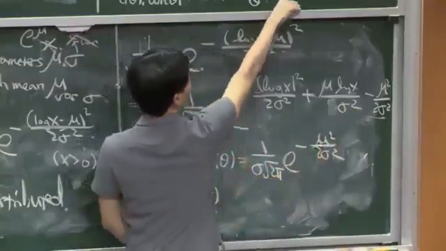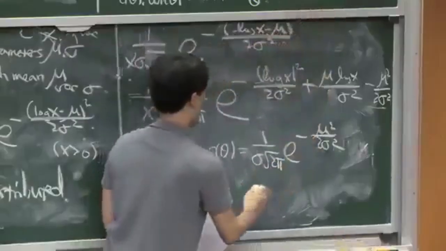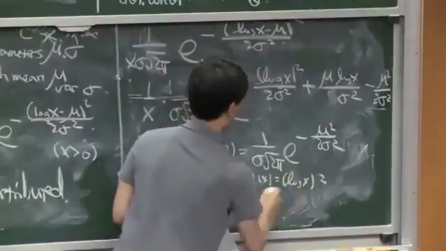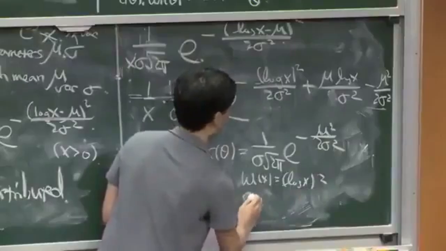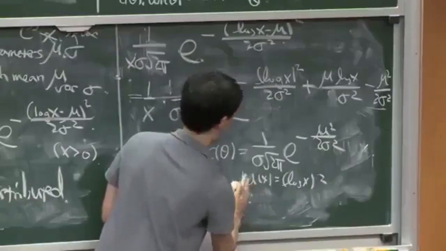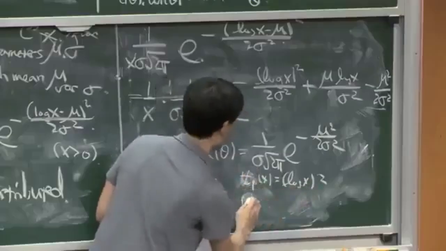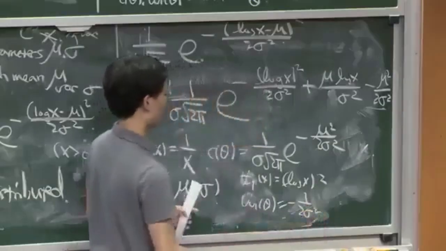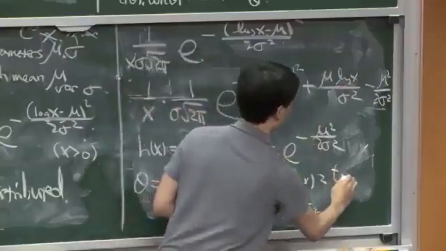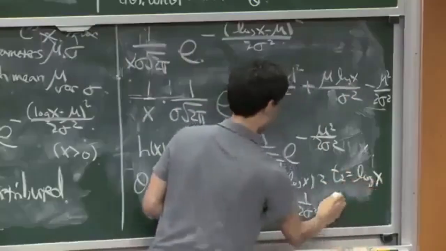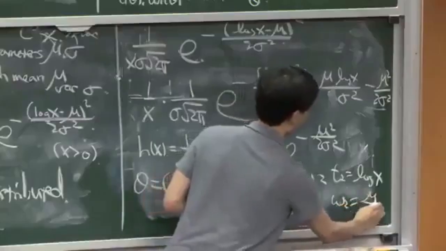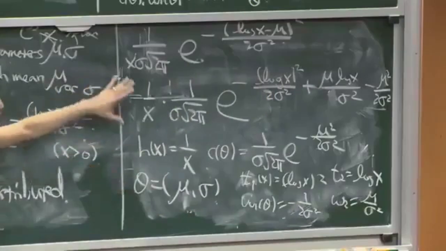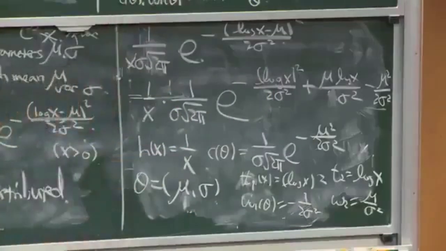And then you have to figure out what w and t are. You can let T1 of x be (log x) squared, W1 of theta be minus 1 over 2 sigma squared. And similarly, you can let T2 equal log x and W2 equal mu over sigma squared. It's just some technicality, but at least you can see that it really fits in.